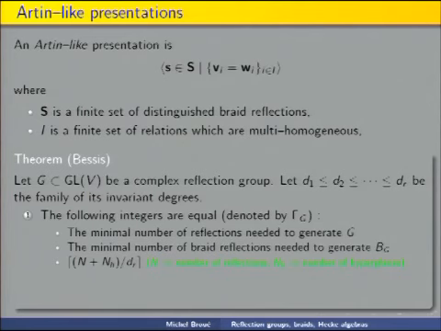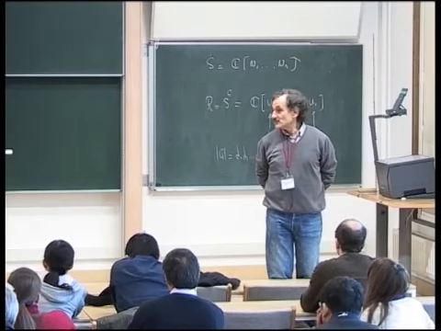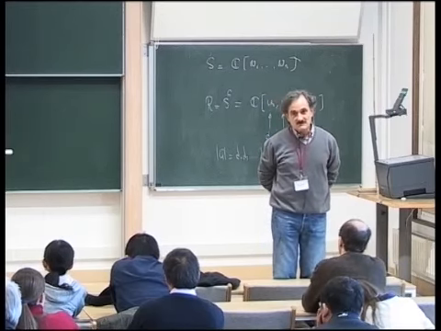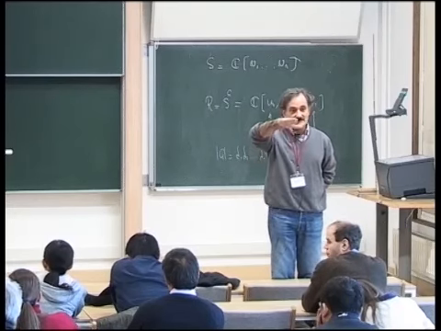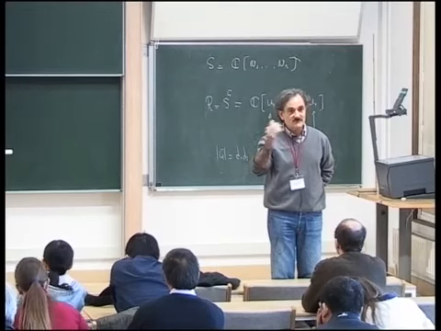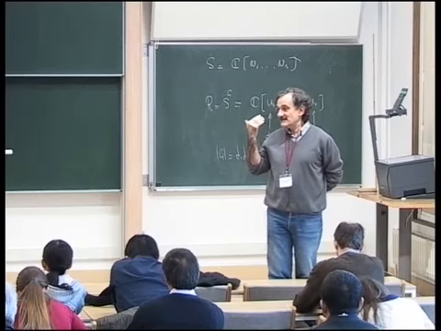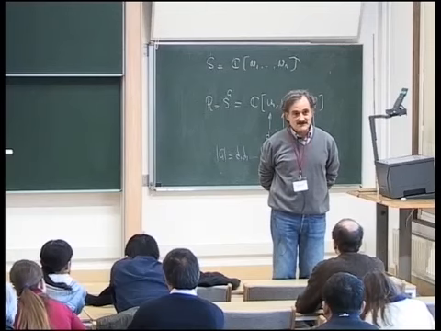Here's just a remark. If you are working with groups generated by true reflections, namely reflections of order 2, then the number of hyperplanes equals the number of reflections, because for a given hyperplane, the group GH is of order 2. But in general, it's not the case. The number of hyperplanes is smaller than the number of reflections.